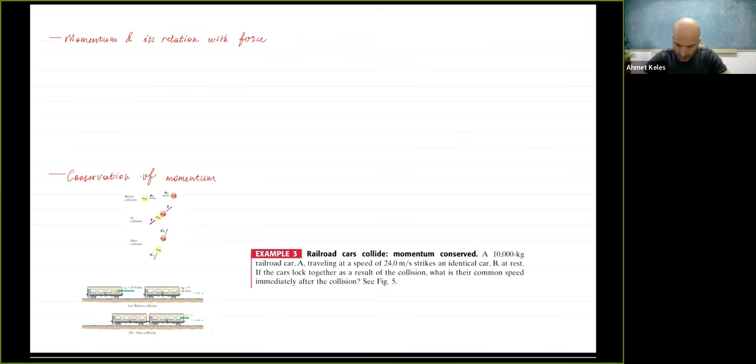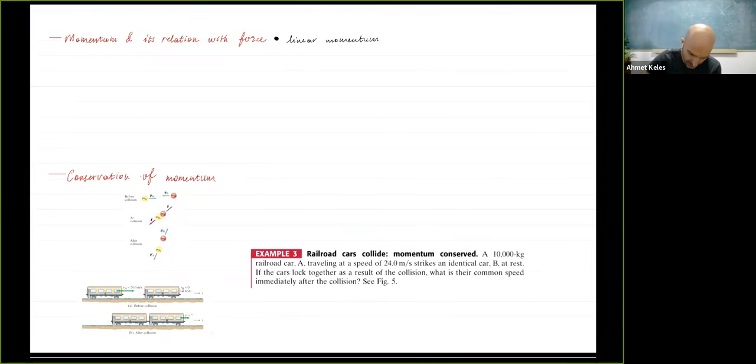Okay, let me first introduce momentum. I think it's easier to write what it is and then talk about it. When we are talking about momentum, we are talking about linear momentum. In a week or two, we are going to be talking about a different kind of momentum: angular momentum.